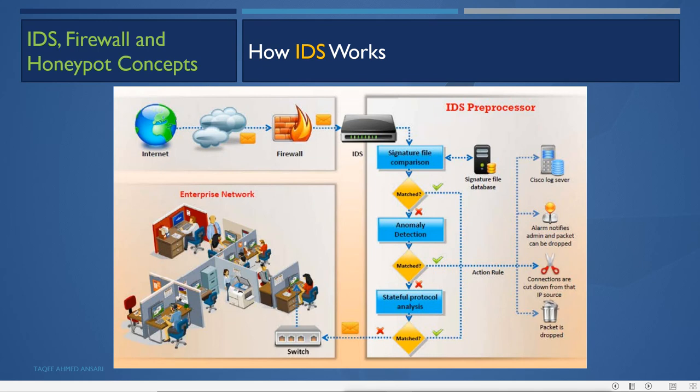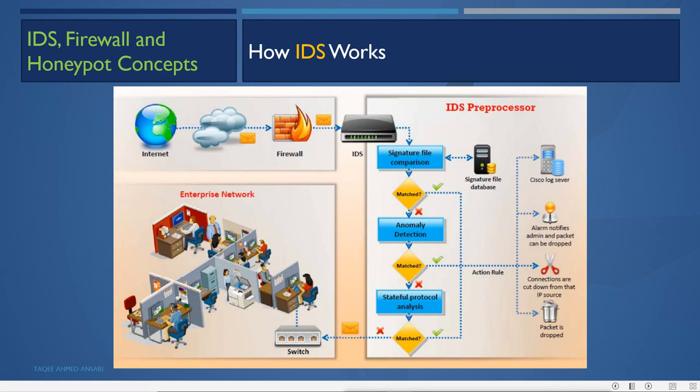Now how does this IDS work? Very simple, it will try to match the signature of the pattern, whatever the attacker can do. It has all the signatures of those types of attacks, and whenever any traffic comes in or goes out, it will check and try to match the pattern.